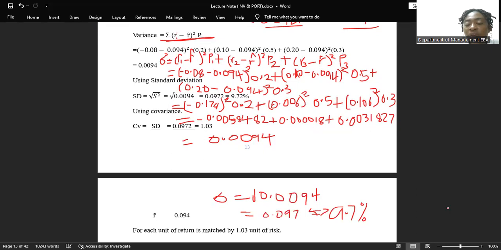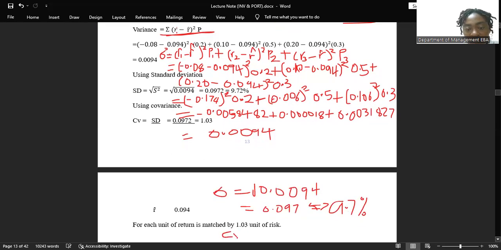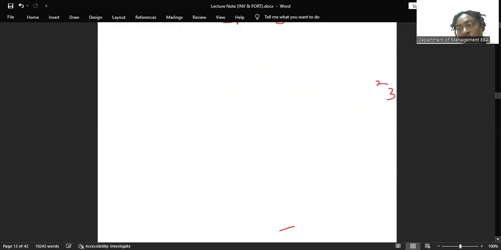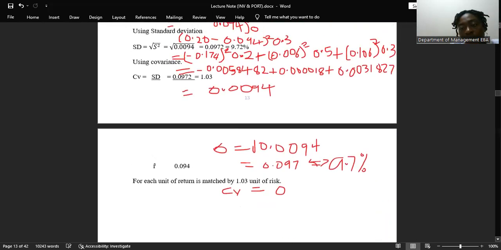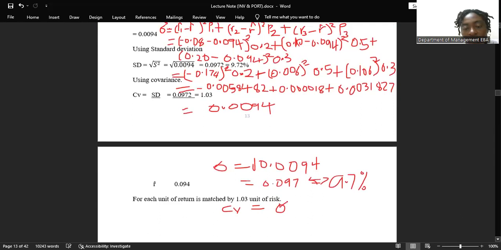Okay. Then the covariance, I said the covariance is equal to what? Standard deviation over the expected return. We know standard deviation is equal to 0.097 over the return. What is the return? Okay, let's go up.